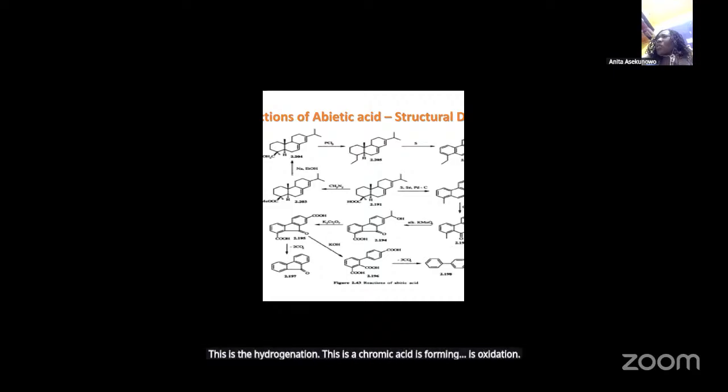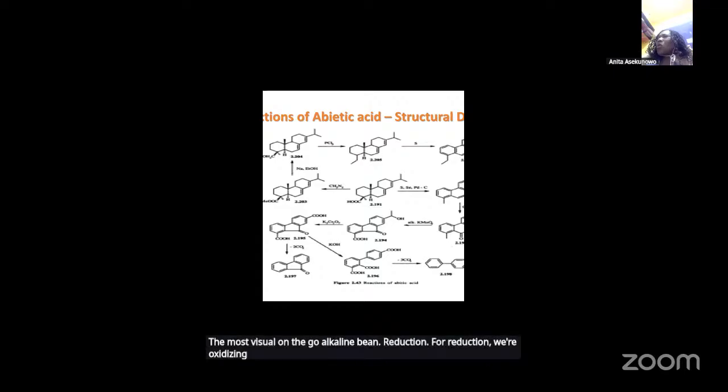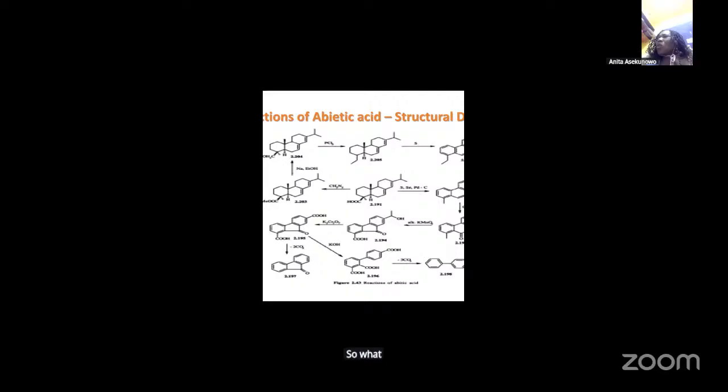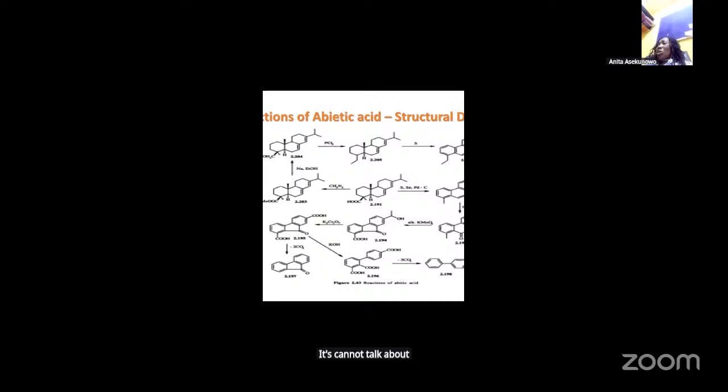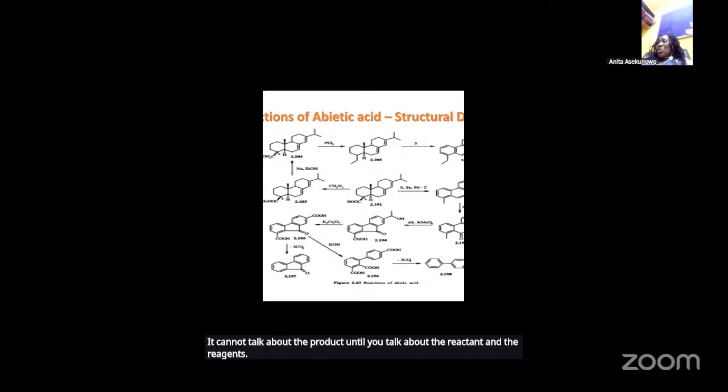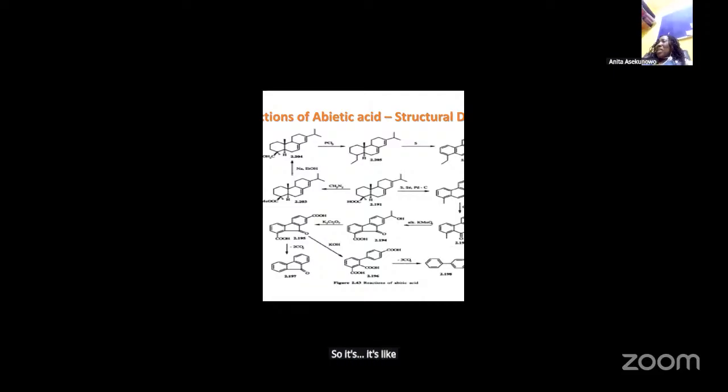From oxidation, alkaline gives reduction. From reduction, we oxidize again. So the way we're going to learn this particular reaction is, when you bring out a reactant, you follow the reagent, because you cannot talk about the product until you talk about the reactant and the reagent. So it's like a circle reaction when it comes to this abietic acid reaction.